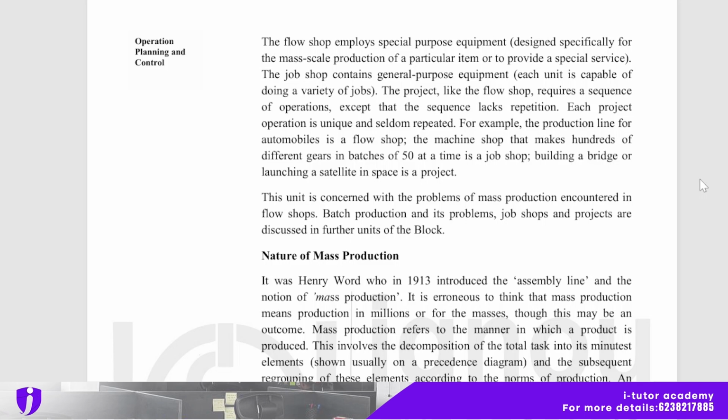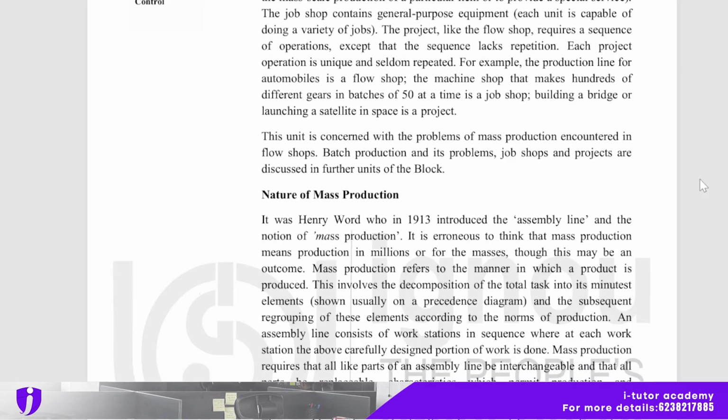The job shop contains general purpose equipment, that is, each unit is capable of doing a variety of jobs. The project, like the flow shop, requires a sequence of operations, except that the sequence lacks repetition. Each project operation is unique and seldom repeated.